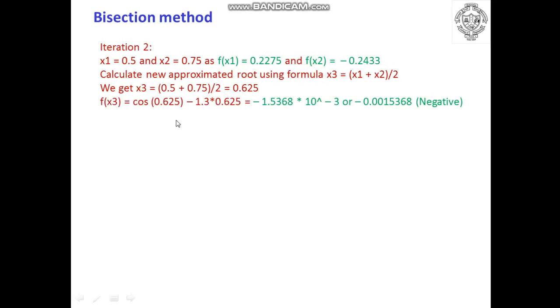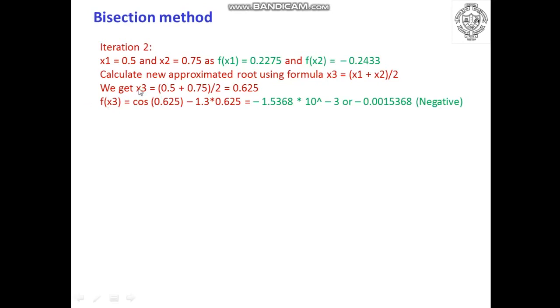Now we have to check the sign of this particular function when x is equal to x3. So f of x3 will be equal to cos 0.625 minus 1.3 into 0.625, which equals minus 1.5368 into 10 raised to minus 3, or it can be written as minus 0.0015368, which is negative.